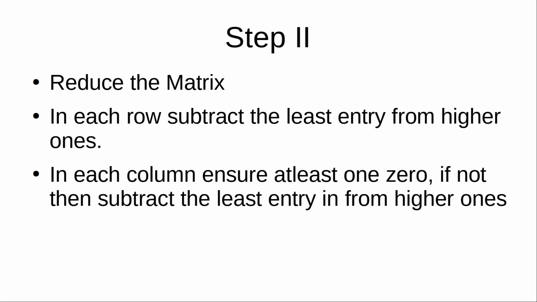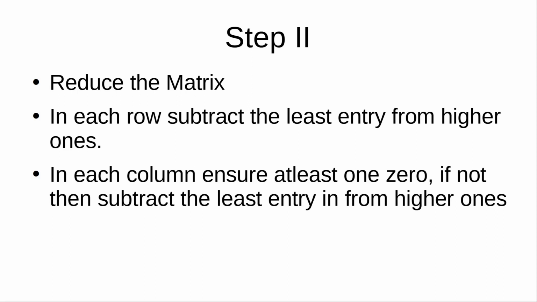Now, the second part is to reduce the matrix. We are going to have a cost matrix. How do we reduce this cost matrix? First, we study every row and check the least entry in that row, and the least entry is subtracted from all the higher entries. Once that is done, we check each and every column.